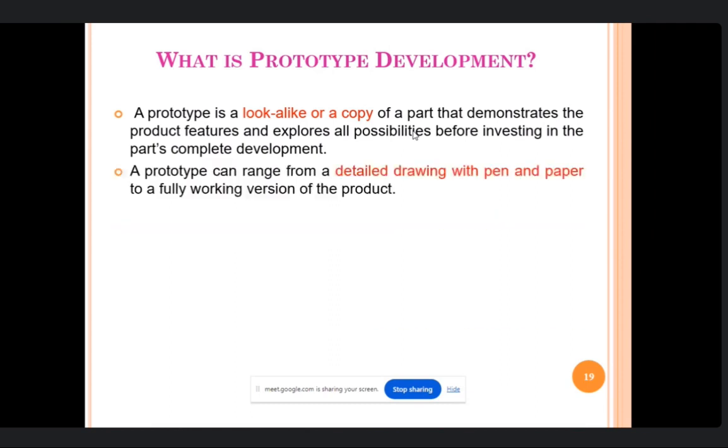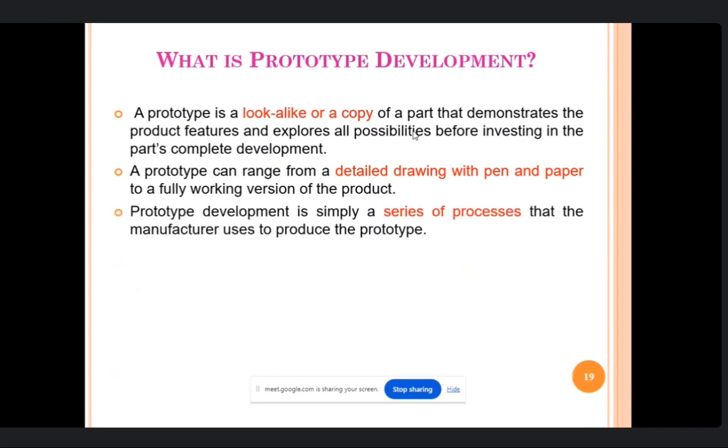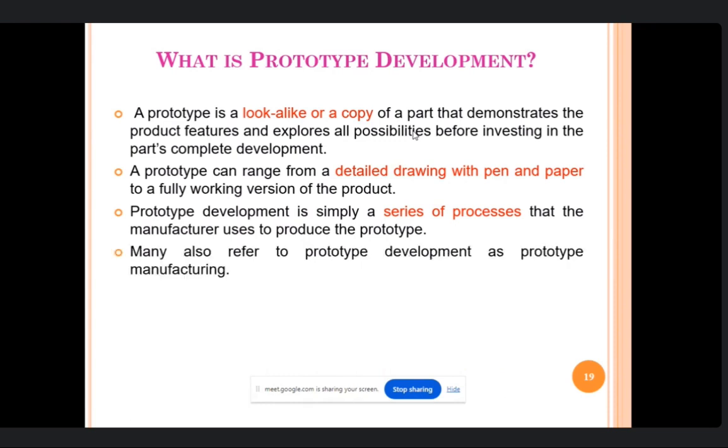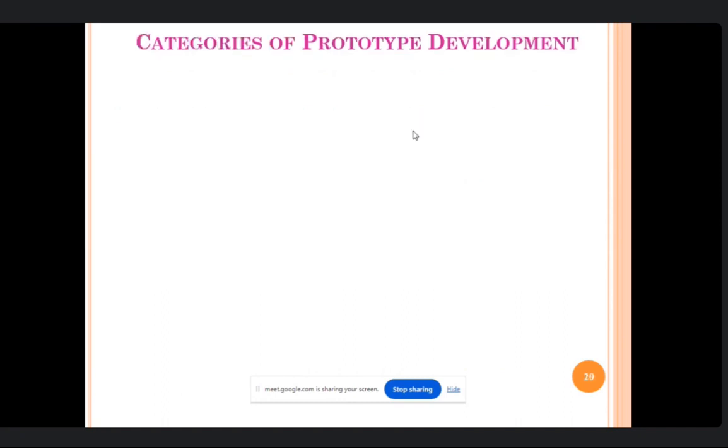The prototype can range from a detailed drawing with pen and paper to a fully working version of the product. Therefore prototype development is simply a series of processes that the manufacturer uses to produce a prototype. Many also refer to prototype development as prototype manufacturing. That's about prototype development.